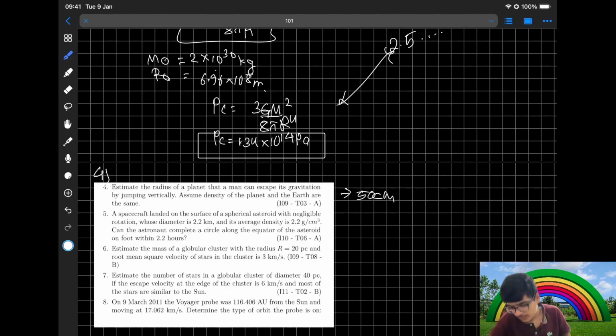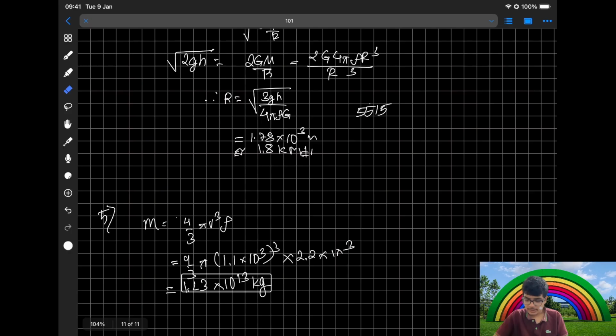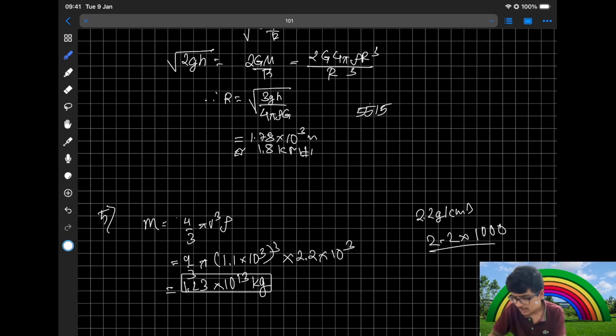Remember that 2.2 gram per centimeter cube would equal this value right here, because this is the equivalent value: 1000 divided by 100, divided by 100, oh I'm sorry, 1000 divided by 100, 100, 10 to the power minus 3, times 1 times power 3 cube times 2 power this much.